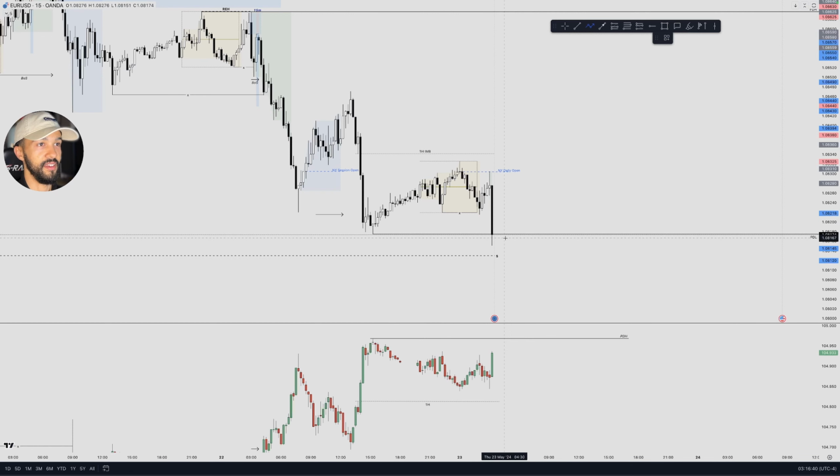But this again is another break of structure. We've swept internal liquidity above these highs, and now we could pull back up to this order block which may form here to continue our trend to go lower. Okay, so this is definitely something that could happen after this price action's finished. Obviously the news is still having its effect, so we'll see what happens, but you'd want a nice bearish close there.